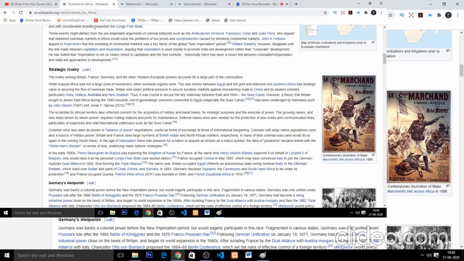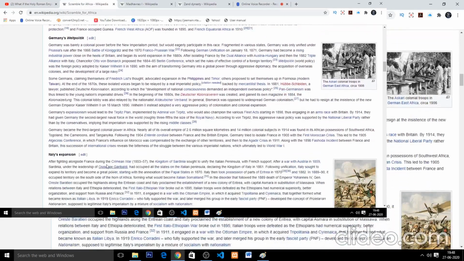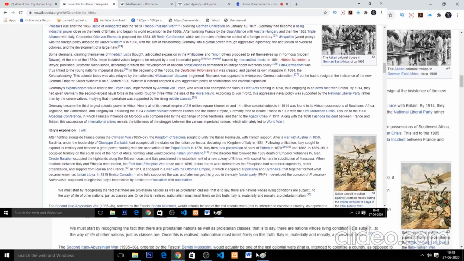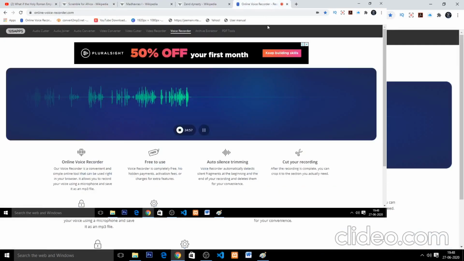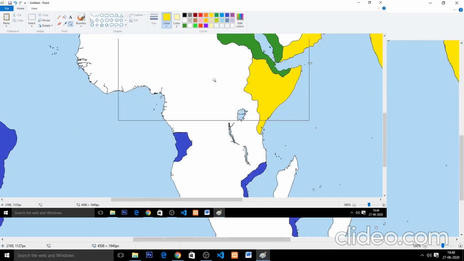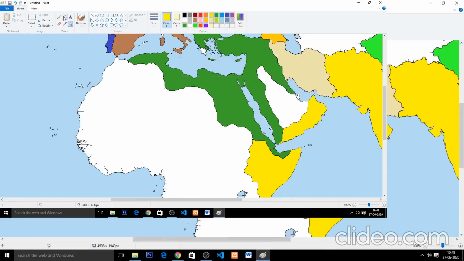Given the Indian colonial efforts and all, India would probably end up supporting Germany in the unification of Germany. Yikes. What went wrong here?